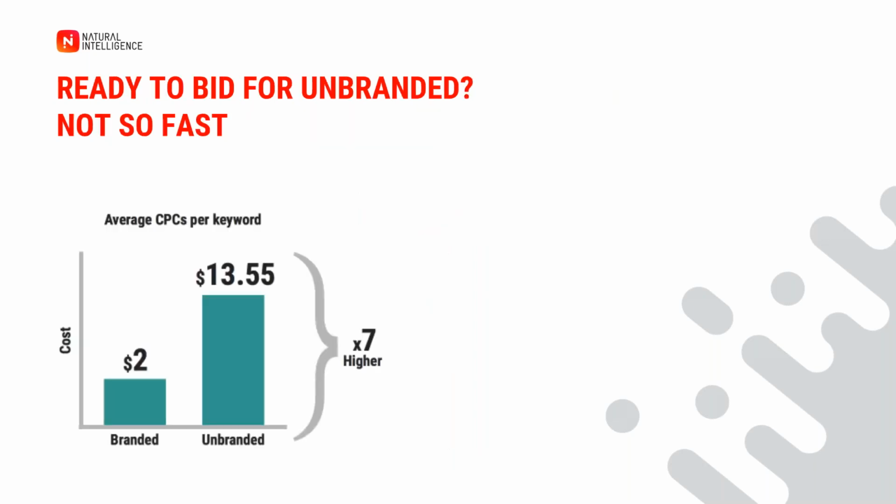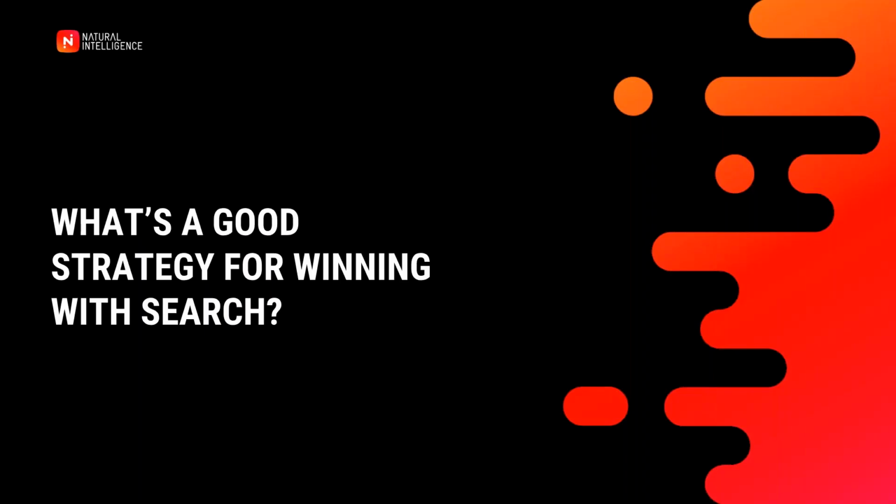And the second reason has to do with cost. The price of unbranded terms like best mortgage instead of Chase mortgage, for example, is 7 times higher. That's quite expensive. So what is a good strategy for winning with search?